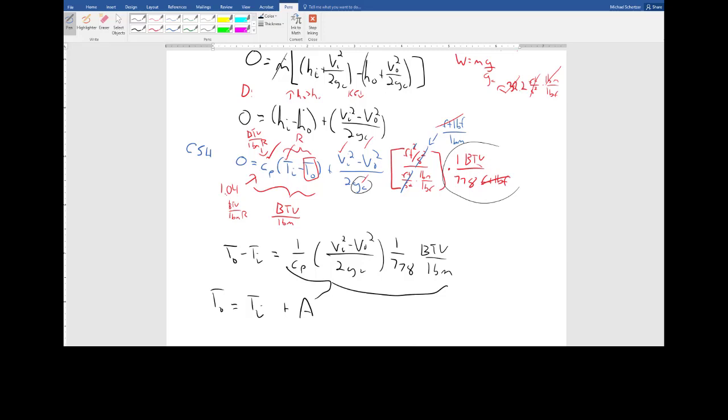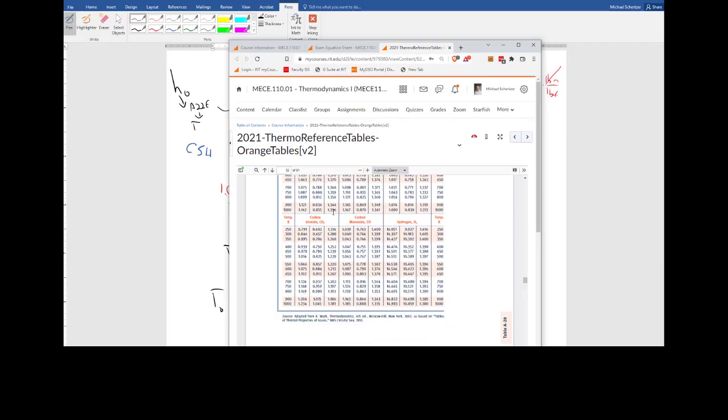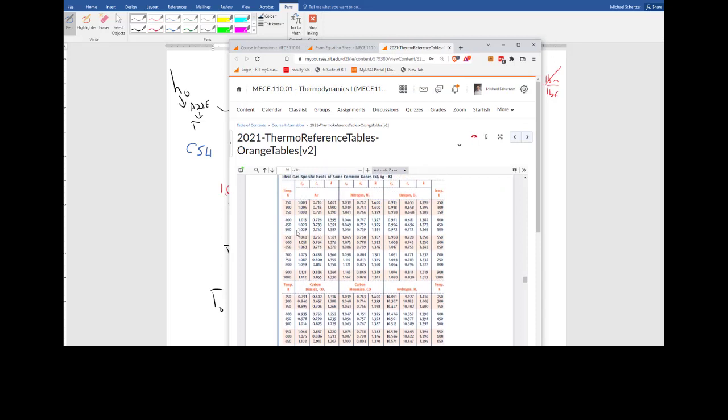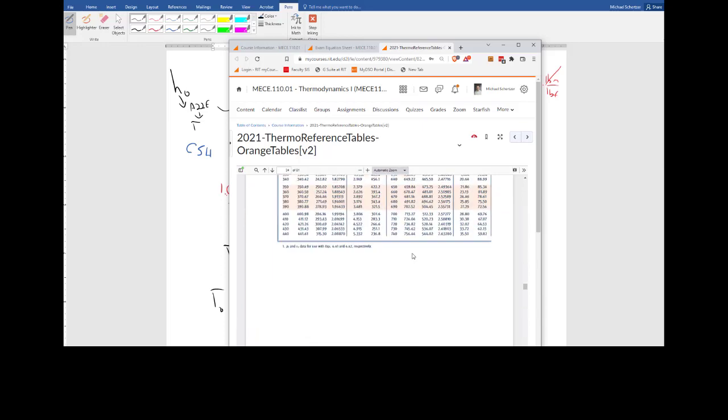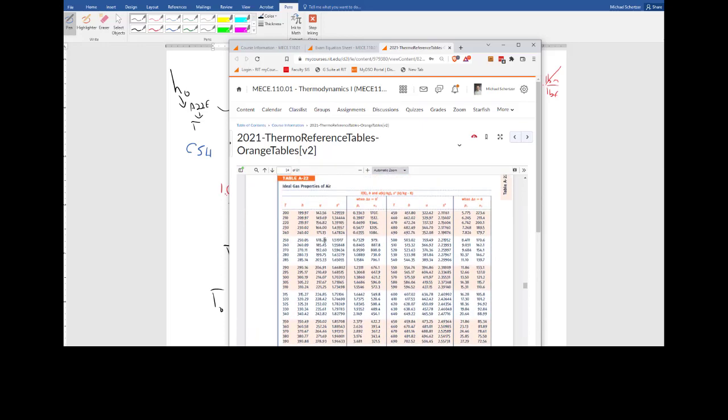If you had to do this for variable specific heat, then you would keep this, solve for H out, and then go to table A, in this case 22E, and you'd have to interpolate. I'm just going to make this up, but we came in at 290, so let's say we went out at 310 or something.